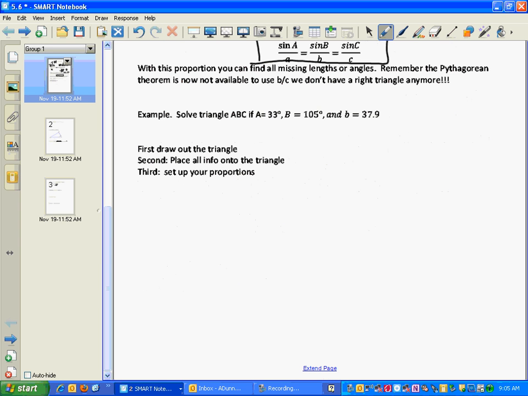So I'm going to make this A, B, and C. And we're going to say that this is 33 degrees, this is 105 degrees, and this here is 37.9 because side B is across from angle B.